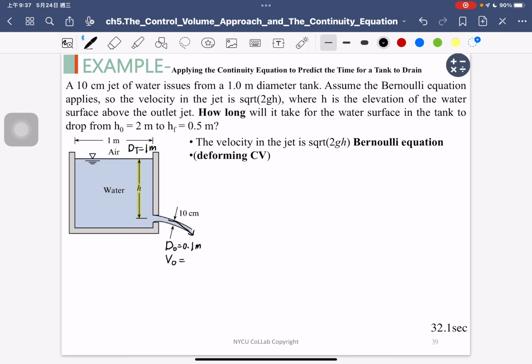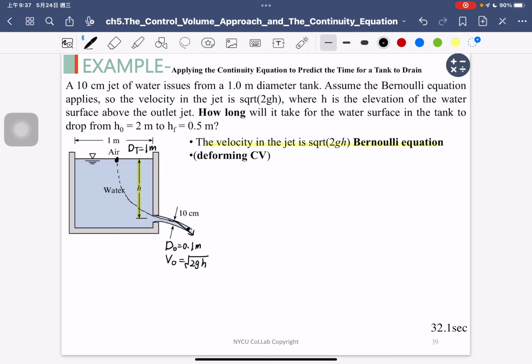As you can see, we can apply the Bernoulli equation. As you remember, the Bernoulli equation can be applied along the same streamline. So we can pick two points, one point at the surface and another point here, and we apply the Bernoulli equation. We will know that the velocity of the outflow is the square root of 2gh. That indicates the flow velocity just depends on the depth of the water in the tank.